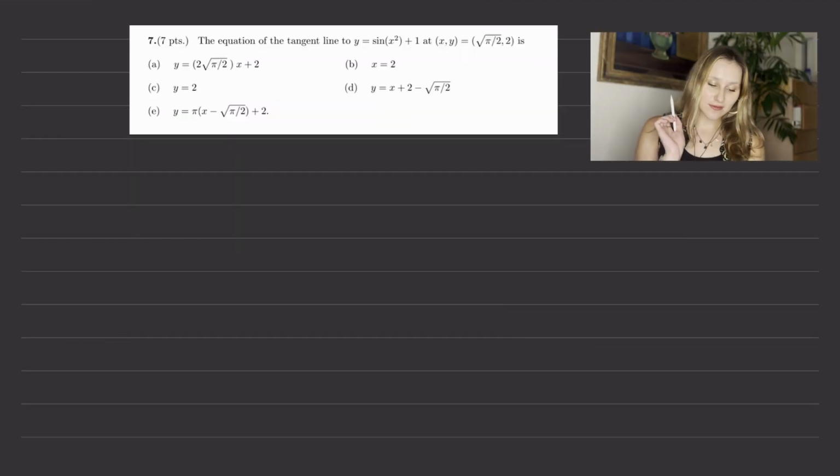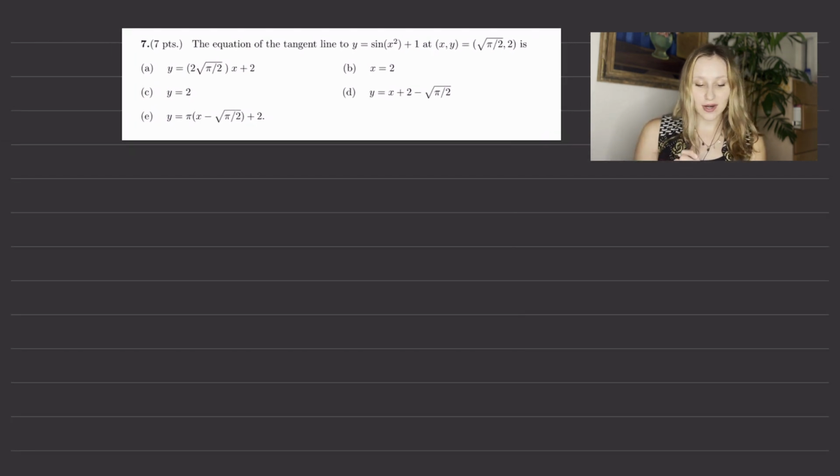The equation of the tangent line to y equals sine x squared plus 1 at this point is, let's find out. So we know that the tangent line is going to be the slope of the function at a given point. In other words, the tangent line is going to be a derivative at a particular point, but you already know this.